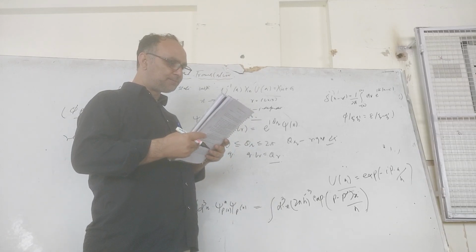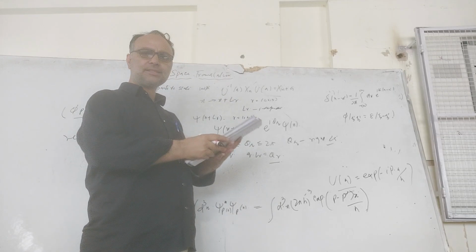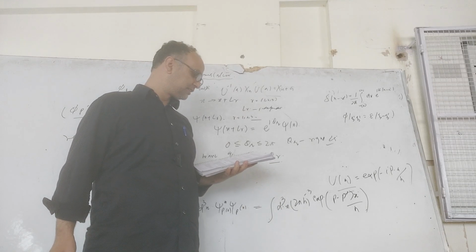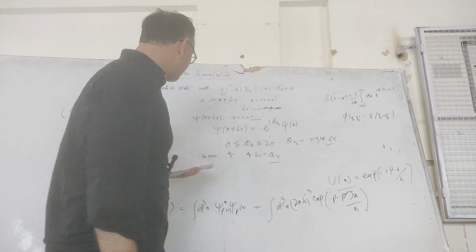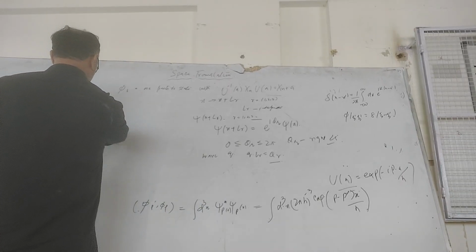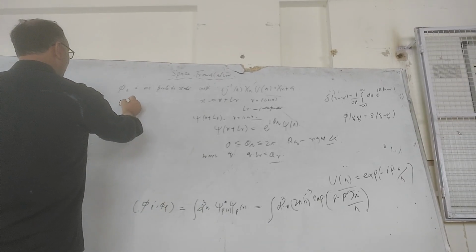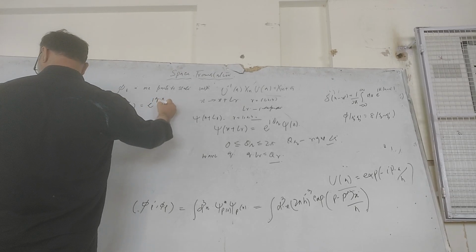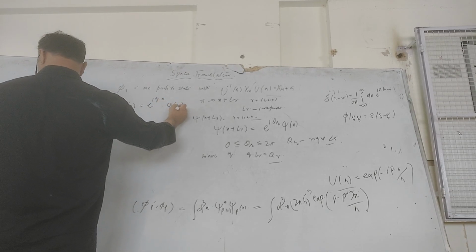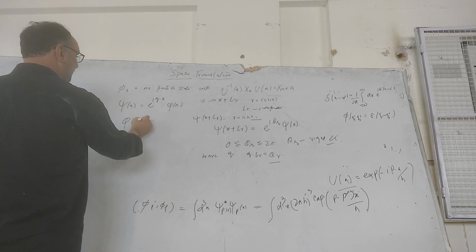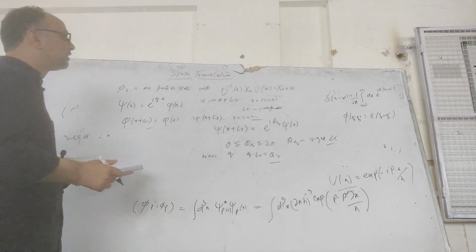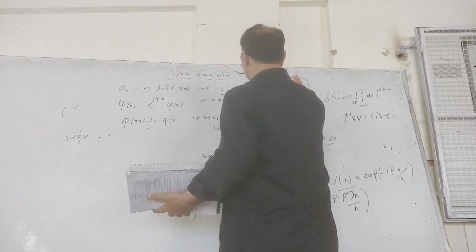And when you study the Kronig-Penney model in solid state physics, or Bloch waves, we say that psi of x will be equal to e to the i k dot x into phi of x, and phi of x plus L will be equal to phi of x. So it mimics this thing when you start at the first equation.